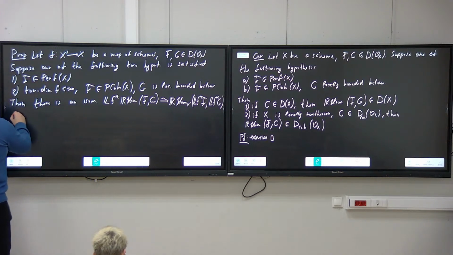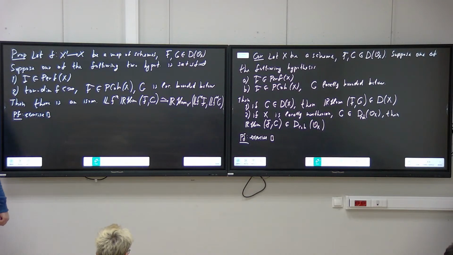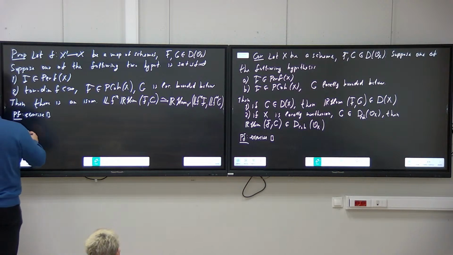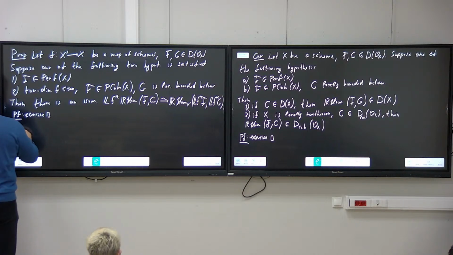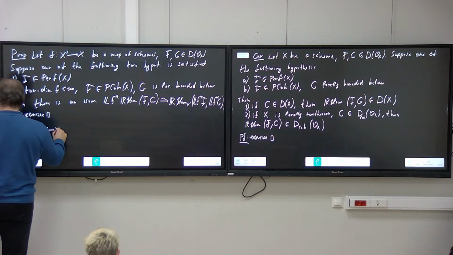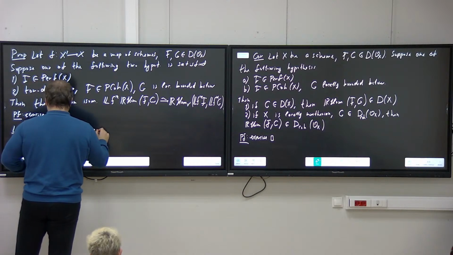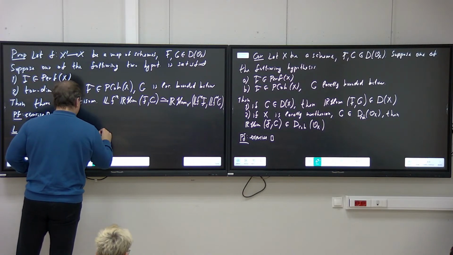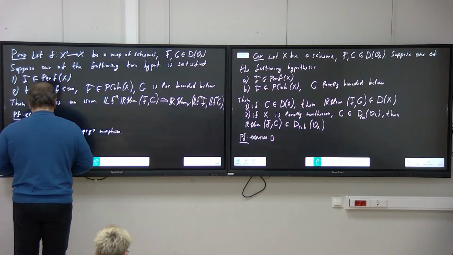So this is again an exercise. I try to modify the previous proof to solve this exercise. And now I want to formulate a very useful general lemma. So let f from X to Y be a quasi-compact, quasi-separated morphism of schemes.